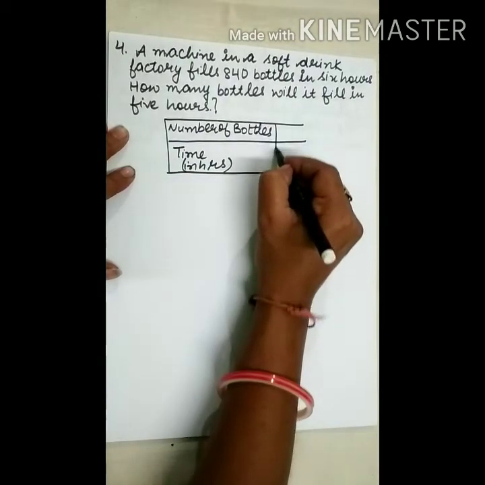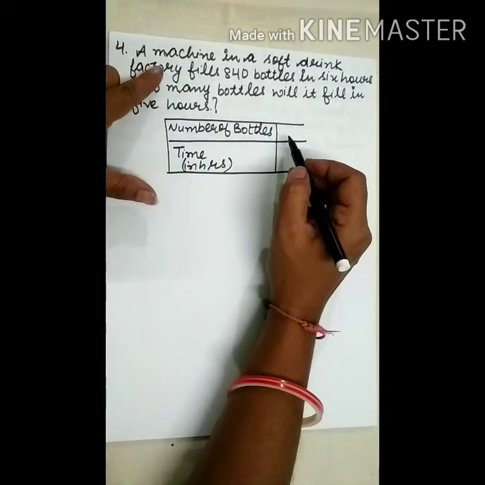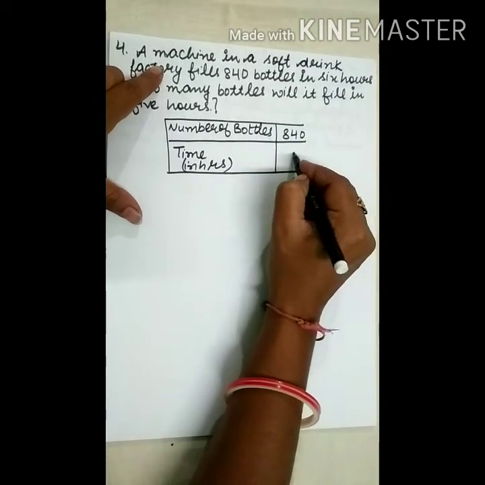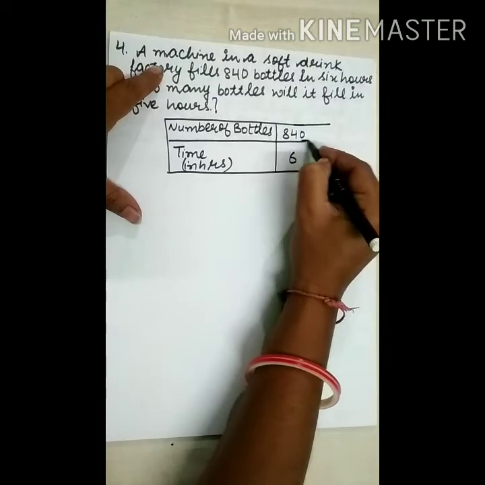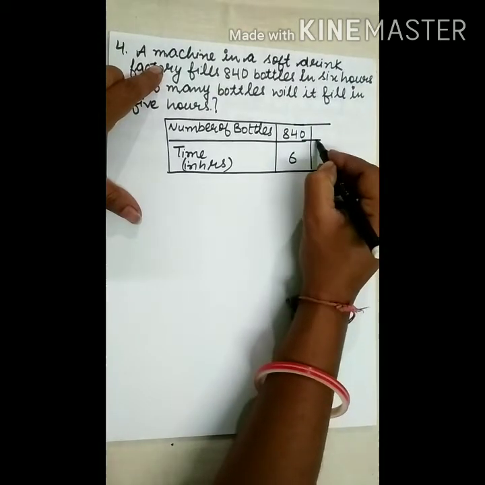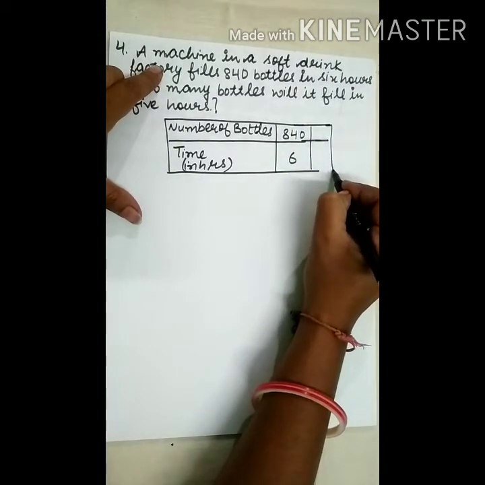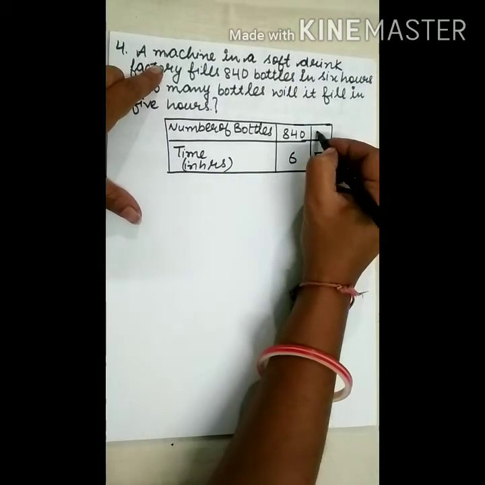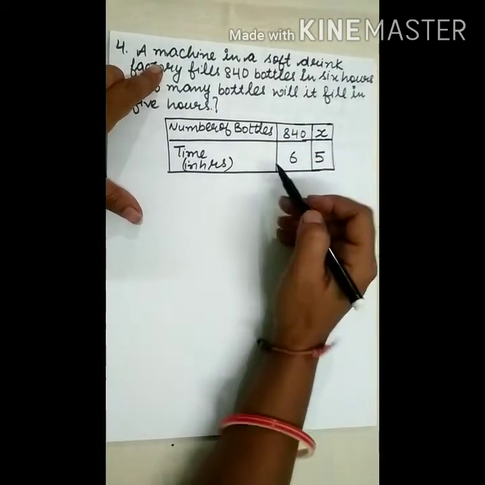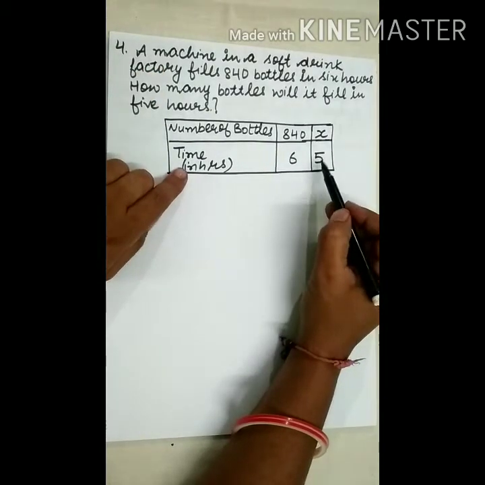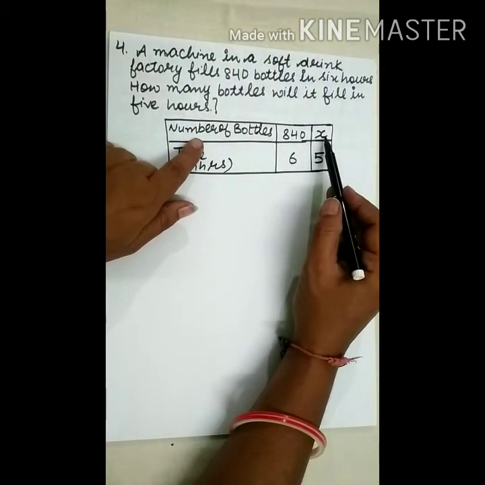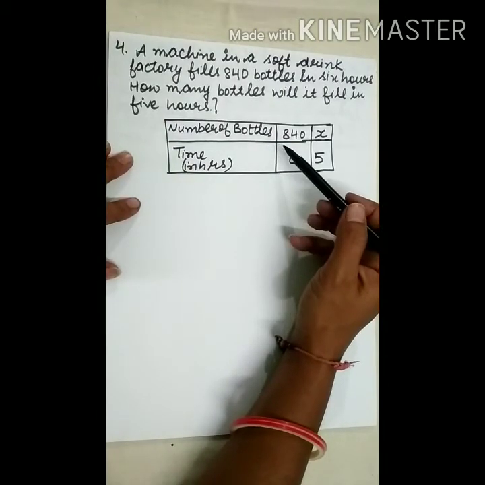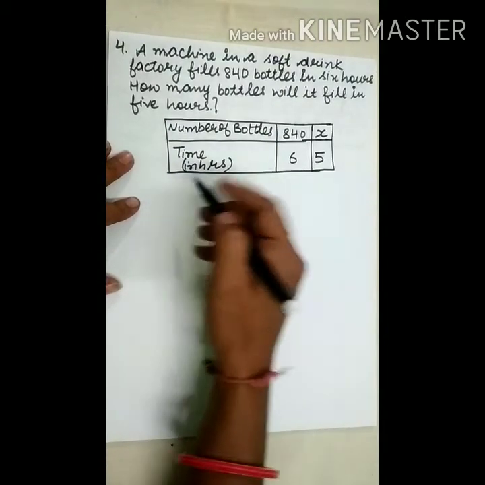So here 840 bottles are filled in 6 hours and we wish to find out how many bottles will be filled in 5 hours. I will take it as x. As the time decreases, the number of bottles will decrease. So as the two terms are decreasing simultaneously, so it is direct proportion.